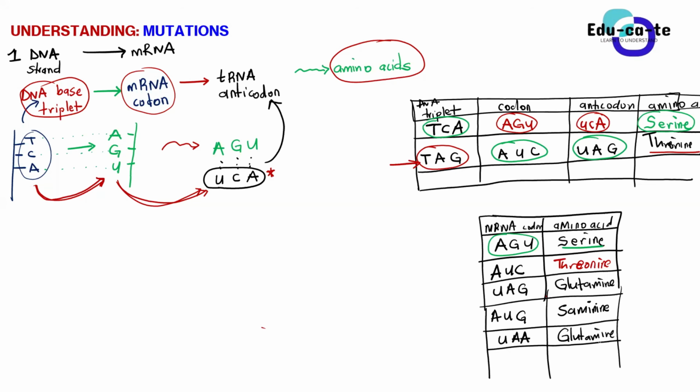All right, so guys, what are mutations? When you want to define a gene mutation, or just a mutation in general for now, it is just a change in the sequence of the bases, usually on a DNA molecule or on a DNA strand.